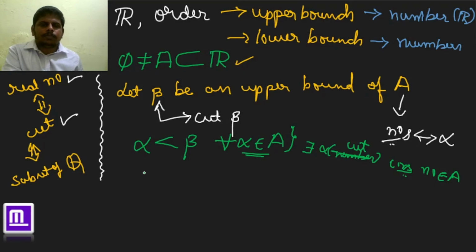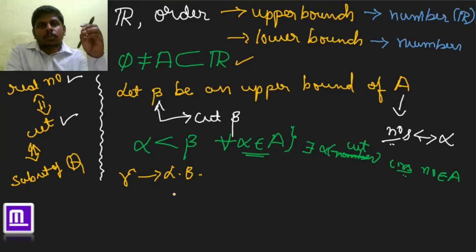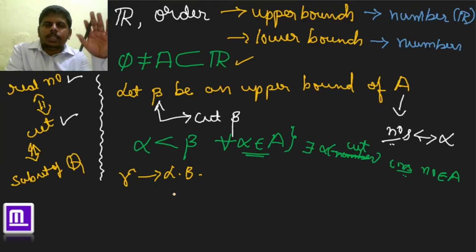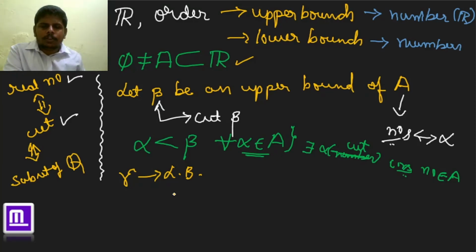Similarly, lower bound. Let's say this gamma is the lower bound. What are lower bounds? Lower bounds are numbers. Those numbers should be less than every number of A. So our gamma is such a kind of cut which is a proper subset of every cut belonging to A. You must take note that we are using Rudin's notation: instead of using the symbol for proper subset, we are using this less than symbol.